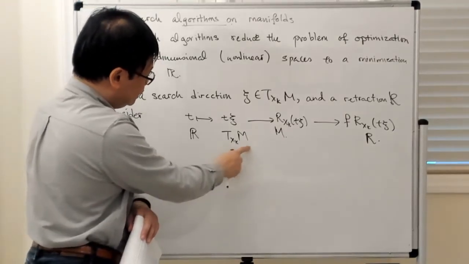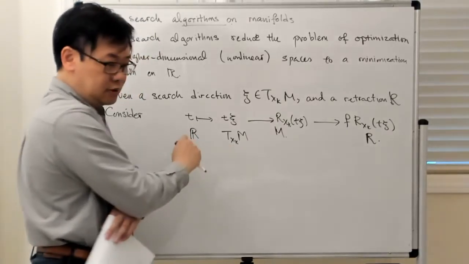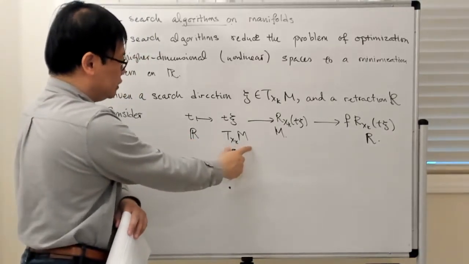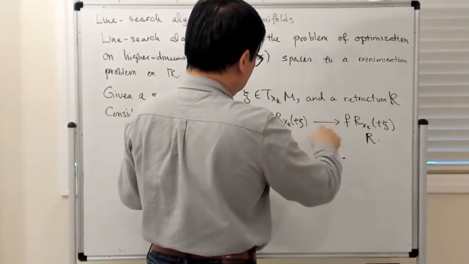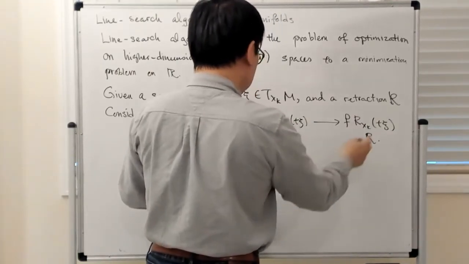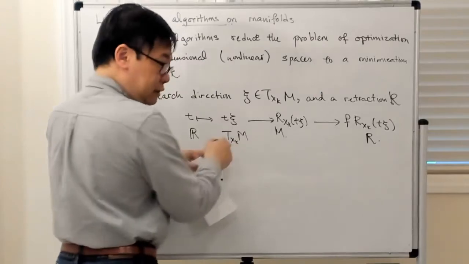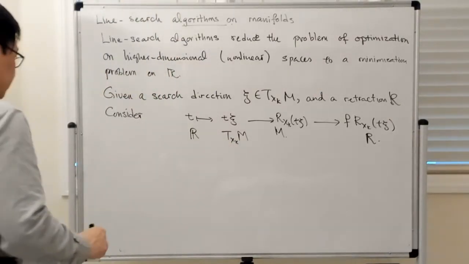This is just the tangent space at x_k to the manifold, which is a vector space. So you could imagine going from a search vector to its retraction to the function evaluation on that. That gives you a scalar valued function on the tangent space to the manifold, okay?